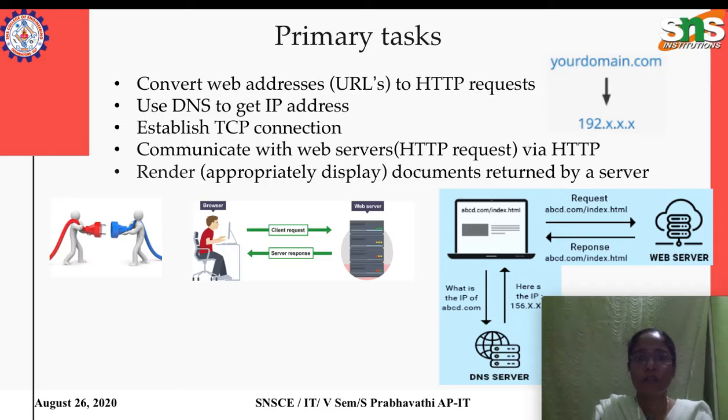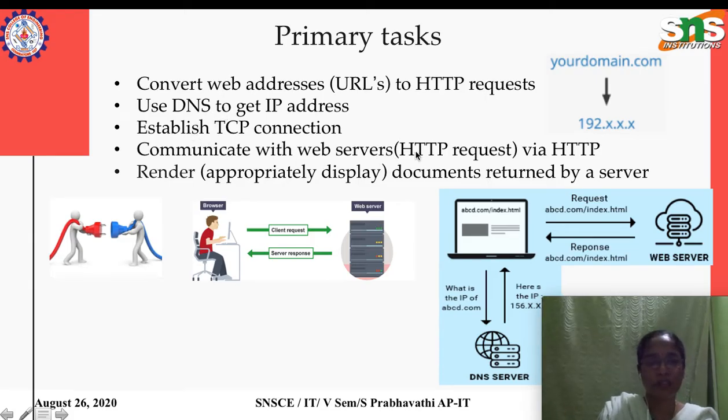Usually we will give it as google.com, but the machine will understand that in terms of binaries, ones and zeros. So the server will be in terms of a number. So we need the DNS to get the IP address of that server, followed by establishing the connection. Then once the connection has been established, the client and server can communicate via HTTP protocol. So this is the overall picture of the primary task of the web browser.